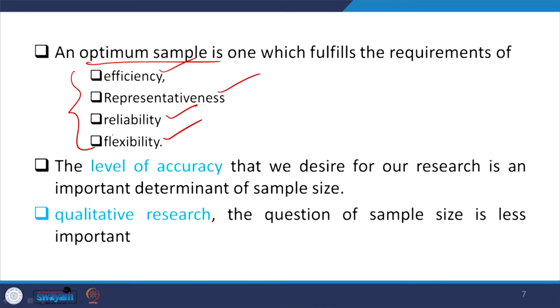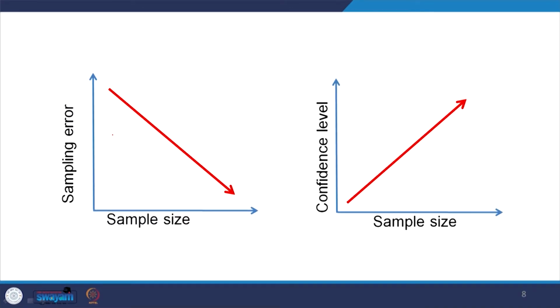But the level of accuracy that we desire for our research is an important determinant of sample size. In qualitative research, the sample size is less important. It is important to note that your qualitative variables must be different and must be complete.